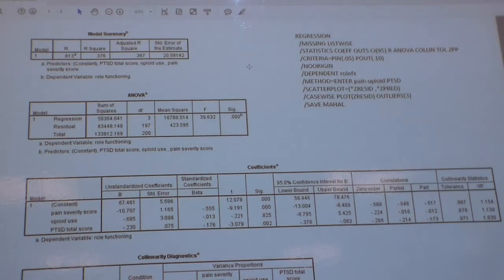We've still got a statistically significant model. We still have pain severity being statistically reliable. PTSD total also reliable, although our effect here is smaller than what it had been before, right?